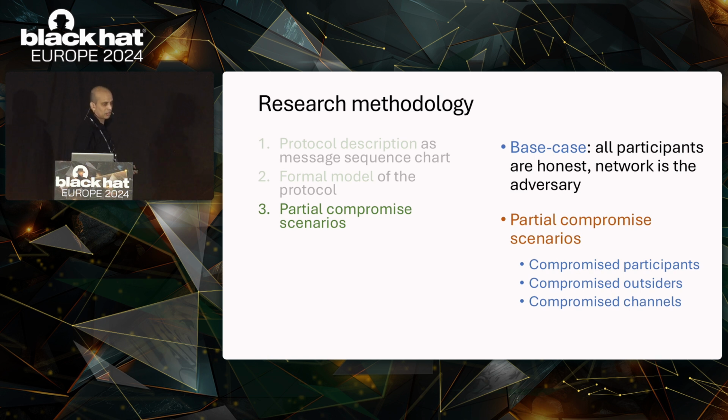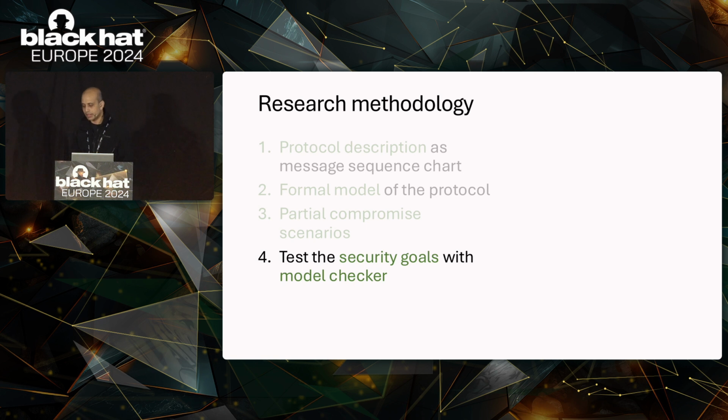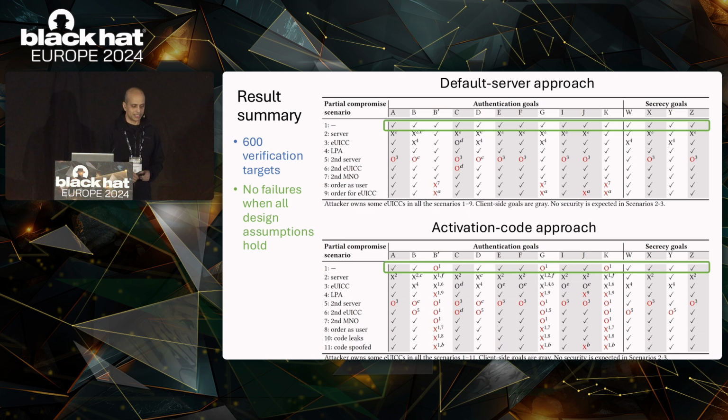What if one of the channels is compromised? We bring in all these scenarios, and then we identify the security goals. In this process, we identified 11 security goals for authentication and 4 secrecy goals, and checked them with the model checker. With that, we get this big list of results.